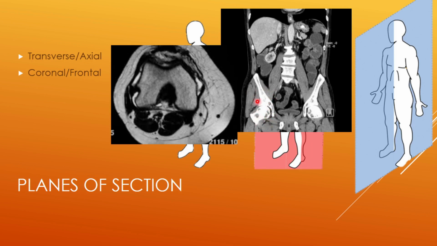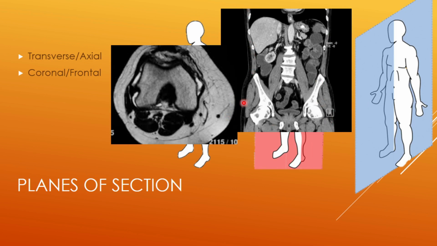The hip joint here on the right hand side, and the hip joint on the left hand side. So essentially everything that lies anterior to these structures has been cut away, and we're left seeing a cut through the posterior part of the body.